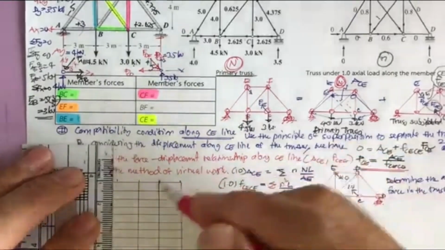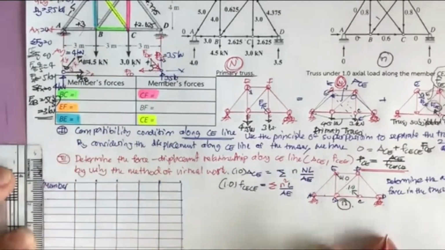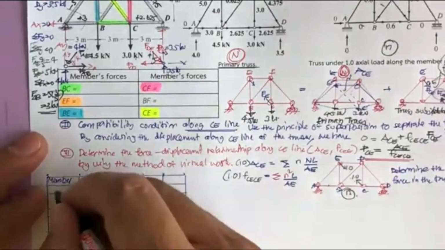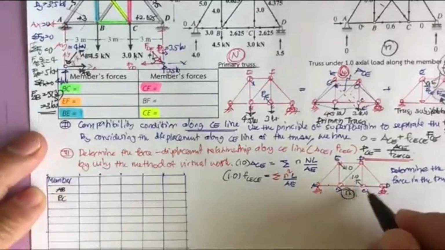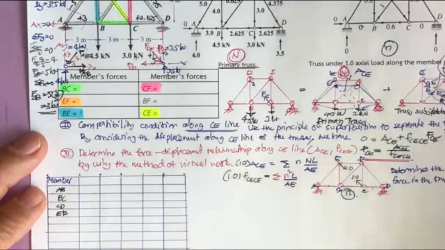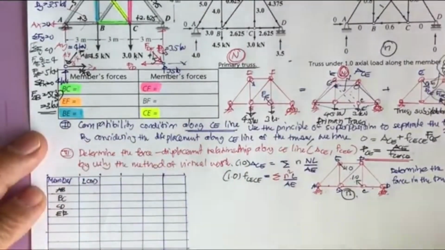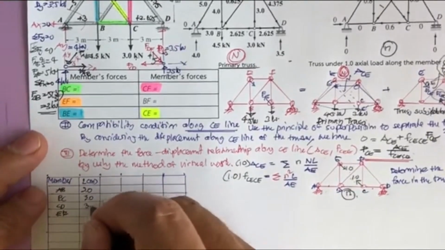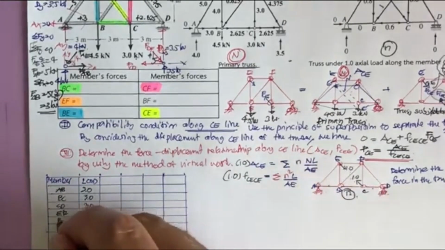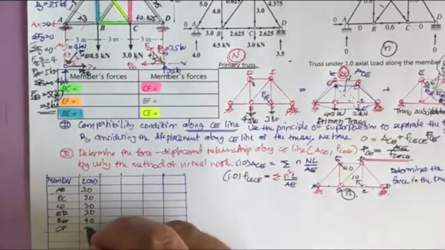We're going to have the table because we're going to do the summation. It's convenient to list the members AB, BC, CD, and EF. These all have a length of 3.0 meters. Next, for BE and CF, the length is going to be 4.0 and 4.0.